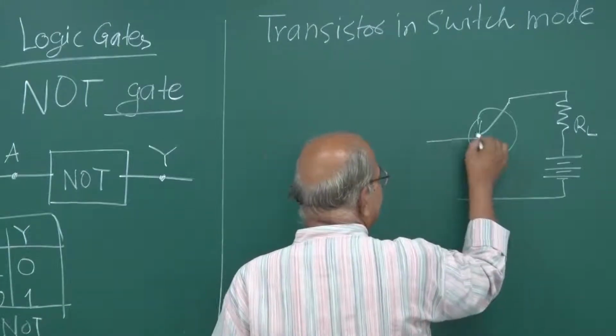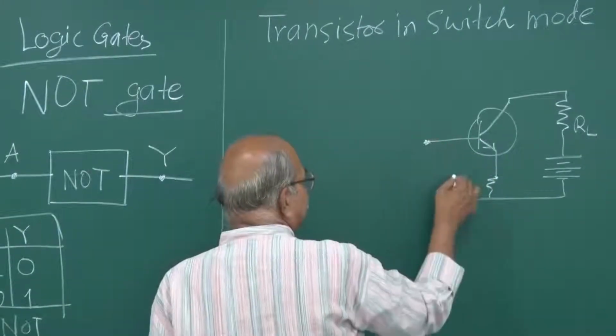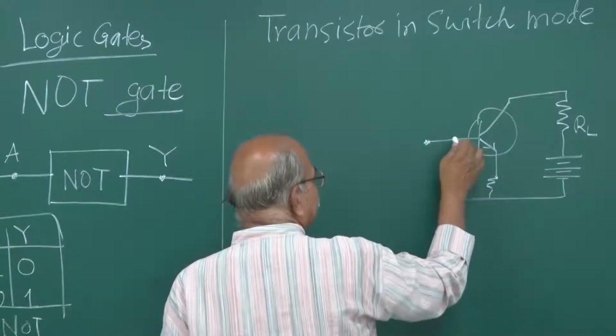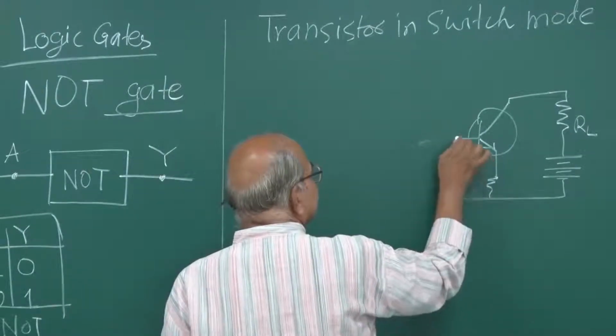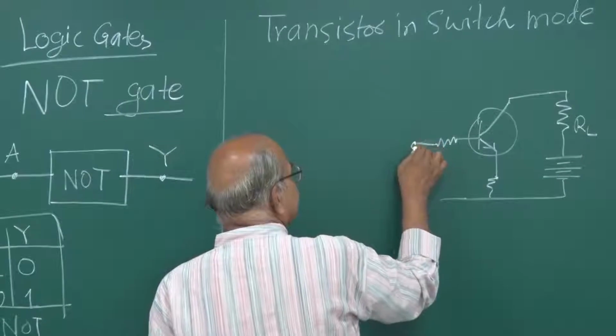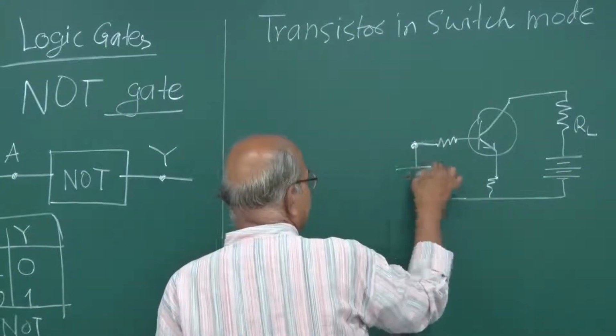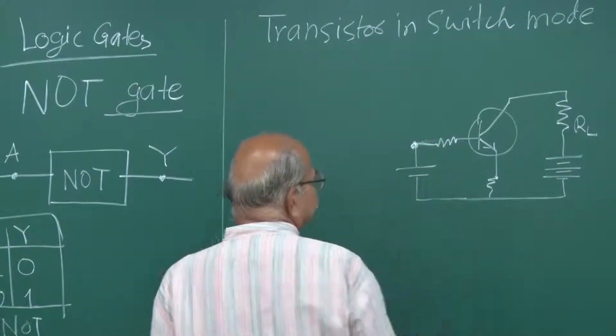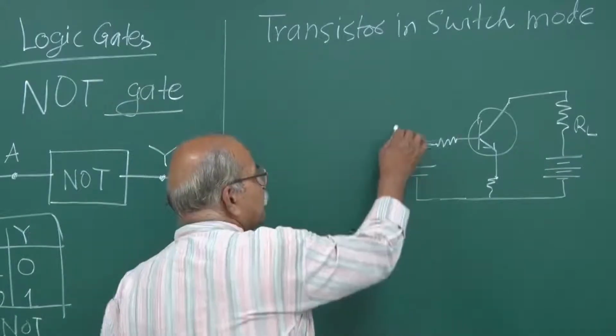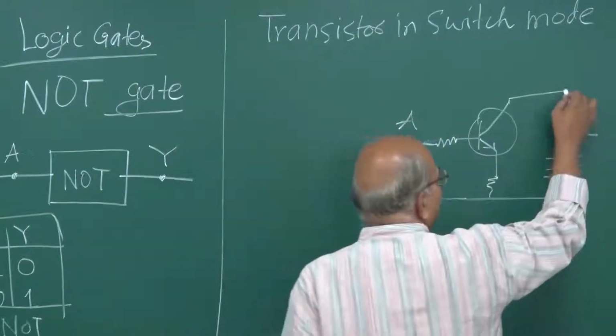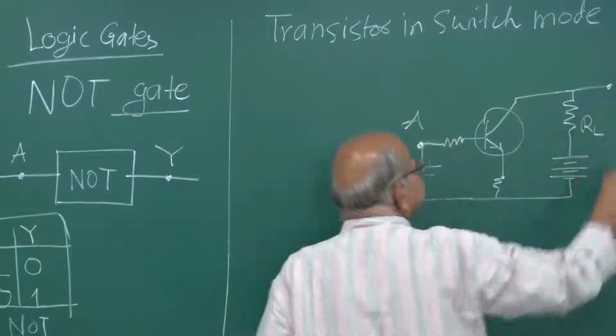And then here is the input. You can put a resistance here, and then this is the input point A, and you can take your output from here. This is the point Y.